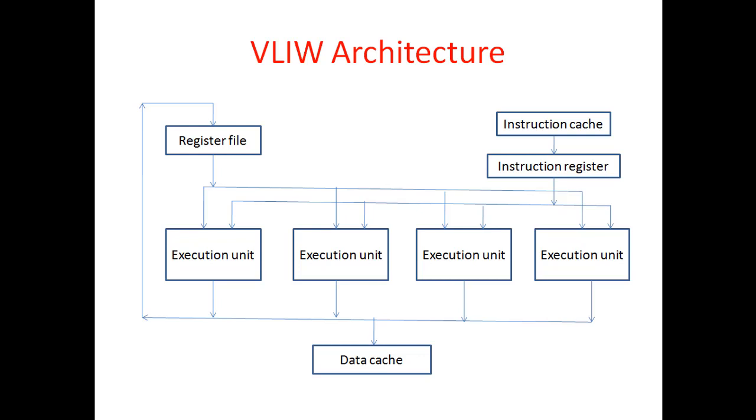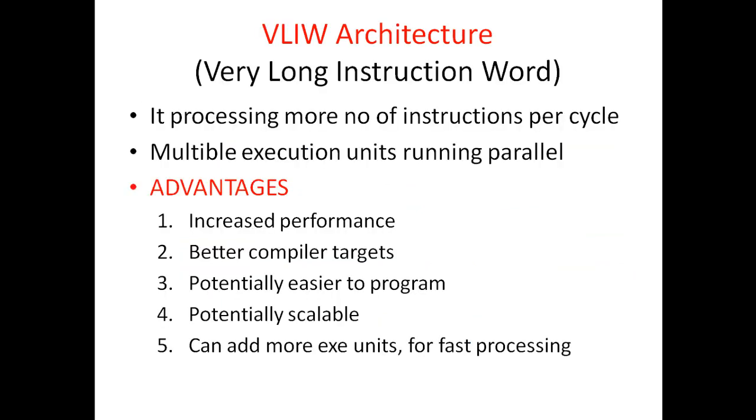The VLIW processor combines many simple instructions into a single long instruction word that uses different registers. The advantages are increased performance, better compiler targets, potentially easy to program, potentially scalable, and one can add more execution units for fast processing.